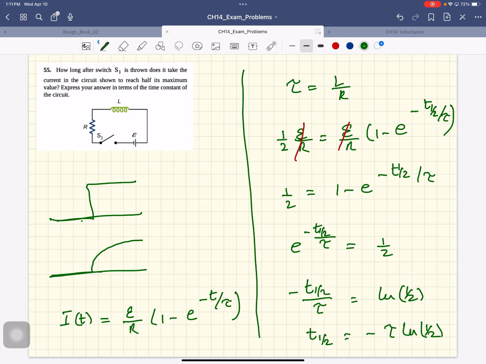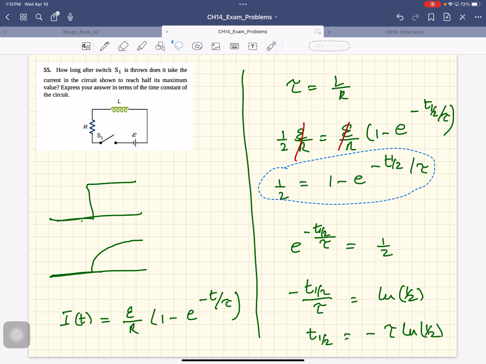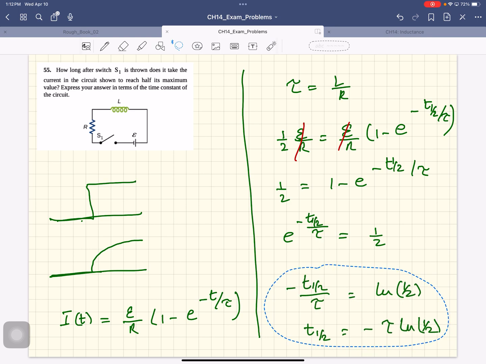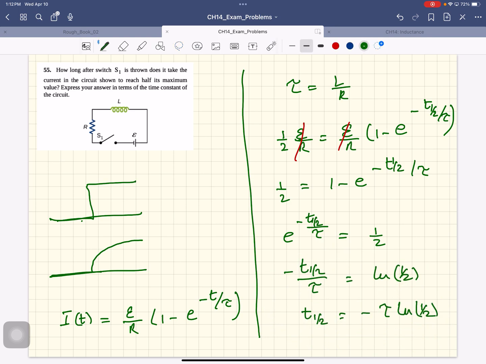And log of half is 0.69. So t half works out to 0.69 tau.